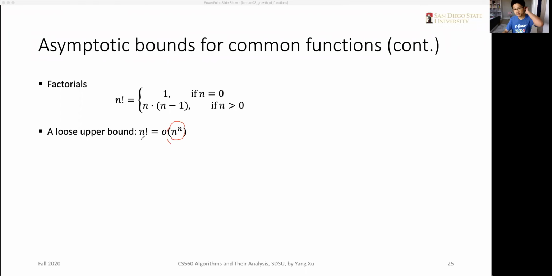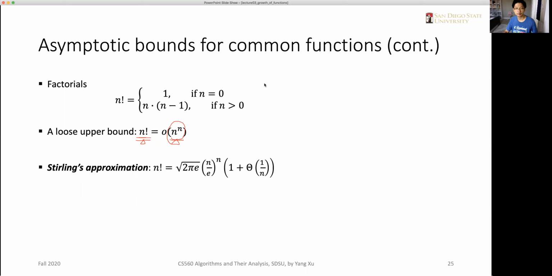But keep in mind that the factorial function itself is also a very fast growing function.